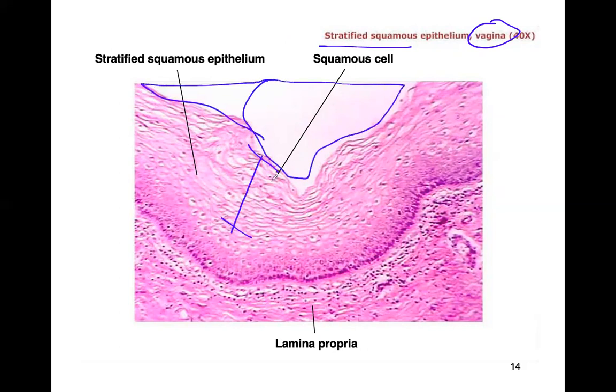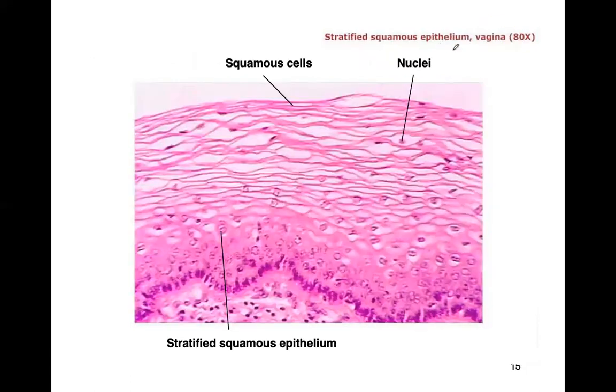So the cells, they're not columnar, they're not cubed, they're squamous, they're multiple layers, stratified squamous epithelium. Close-up view, vaginal area once again, from here to about here. Again, they're flat, irregular cells, multi-layered, so it's stratified squamous epithelium.